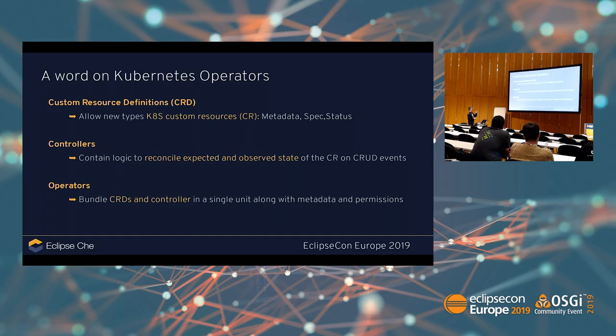And then you have the controllers, which are generally quite small Go applications that run inside Kubernetes and reconcile the expected and observed state of the custom resource. You express what you want, and then the controller makes sure it's done. And then operators lately arrived to bundle those two things into a single unit that can be easily installed.